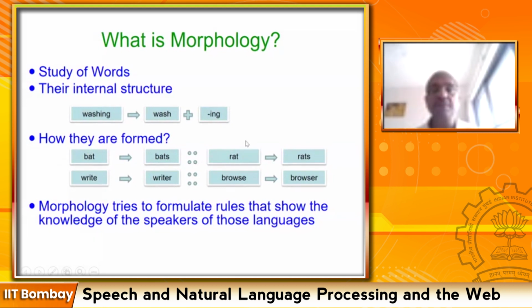But morphology formation has complexities. So it is not always the case that the morphology happens in the same uniform way. So bat becomes bats, rat becomes rats, boy becomes boys, toy becomes toys, fine. But why does lady become ladies? L-A-D-Y. Why does it become ladies?